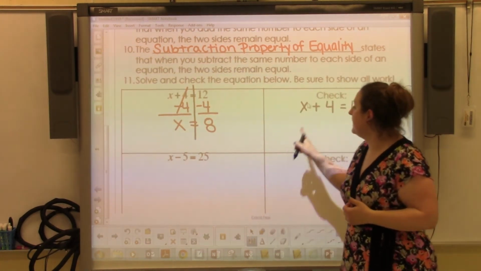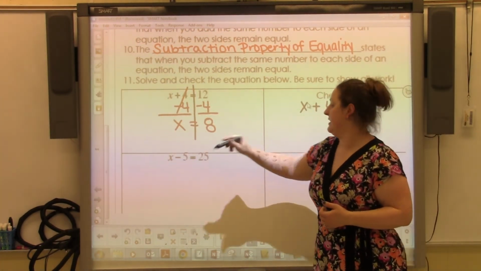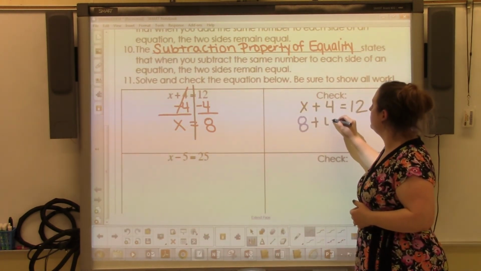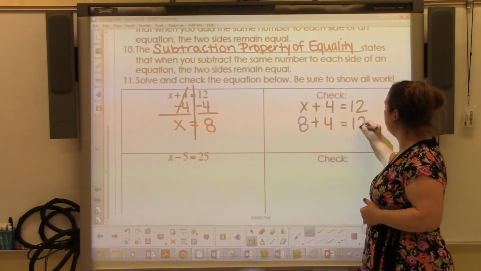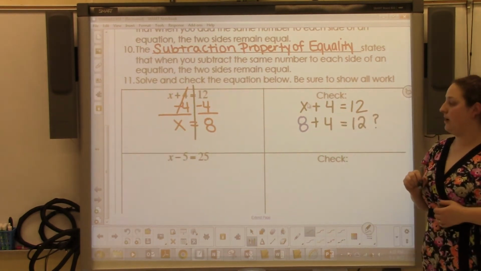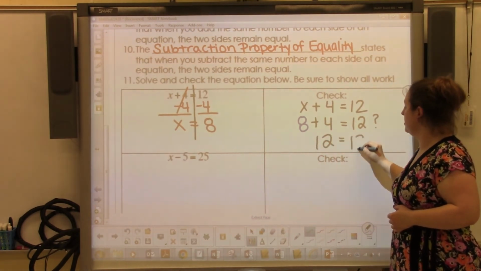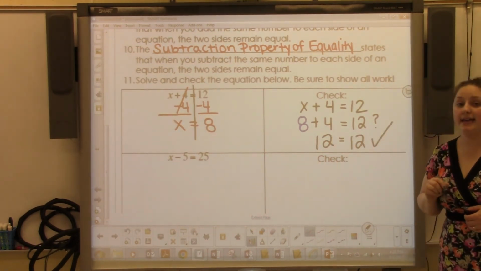So we are going to replace x with the 8 that we think it is. So we have 8 plus 4, and the question is, does that equal 12? Well, sure enough, 8 plus 4 is 12, and 12 is equal to 12, so we are in good shape. 8 is our answer.